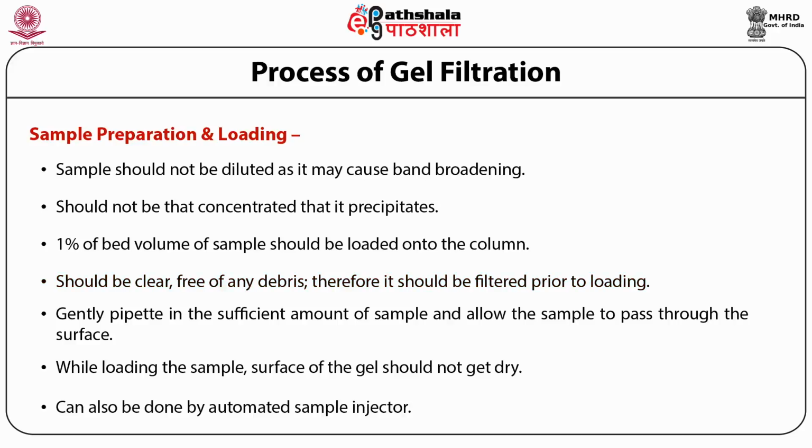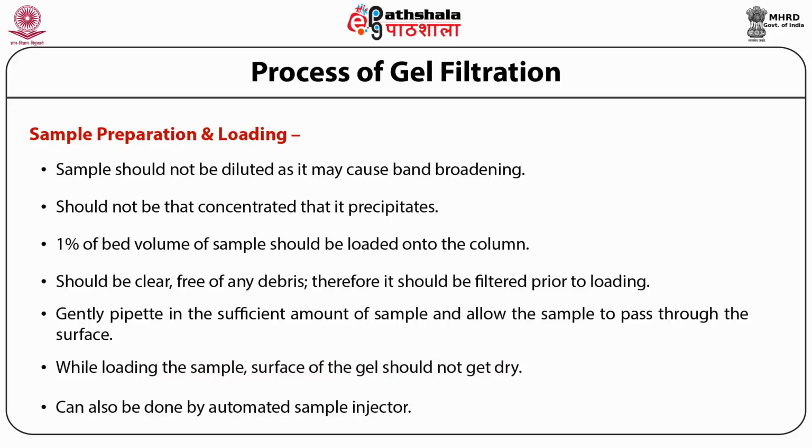To load the sample manually, you have to remove the upper adapter and remove the excess buffer on top of the gel without disturbing the gel surface, and then gently pipette in a sufficient amount of sample and allow the sample to pass into the surface. Once the sample has passed in, you have to see that the surface of the gel does not dry.